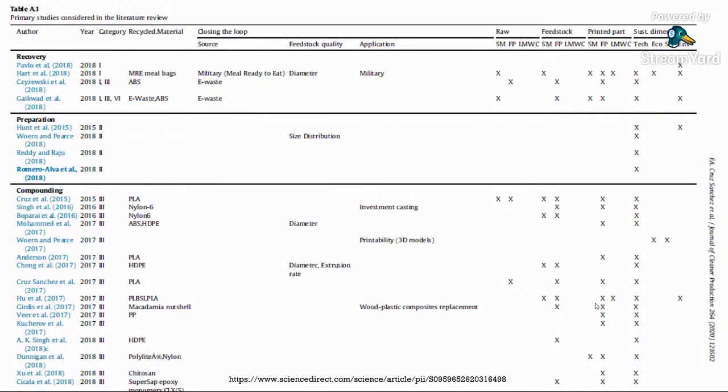Look at a table that is used in this article. Again, you can see on the left here are the different categories of your research: recovery, preparation, compounding, relevant papers in that category, what aspect of that paper you are going to report in this table, application, quality, source, and so on and so forth.